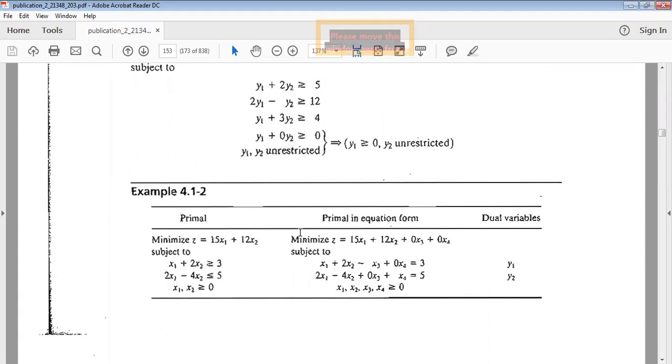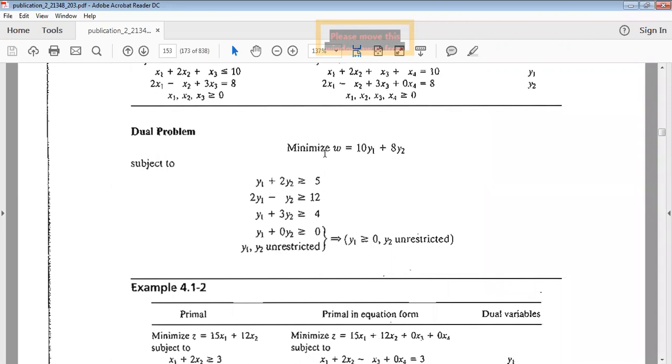Next, similarly, there is another problem. Example 4. Now you have to write it down in a tabular form. This is the simplex method. So like that, instead of x1s, all those things, you will write this particular thing.